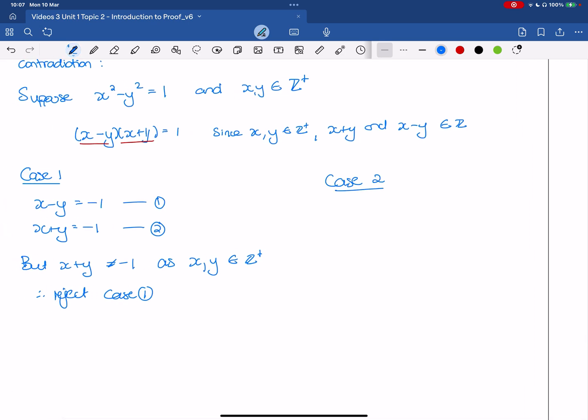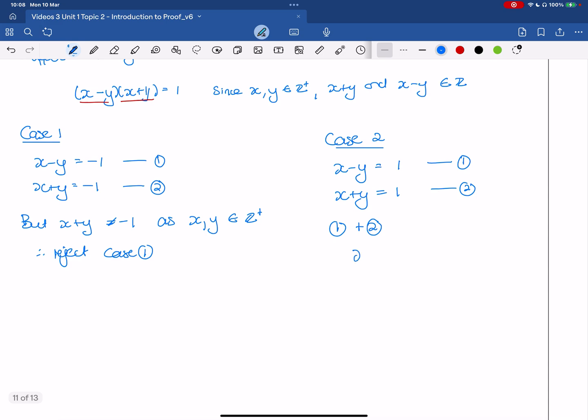So for me to get a positive 1 there, x minus y has to equal 1 and x plus y has to equal 1. So x minus y equals positive 1 and x plus y equals positive 1. Okay. And if I add equation 1 and equation 2, you'll notice my y's go away.